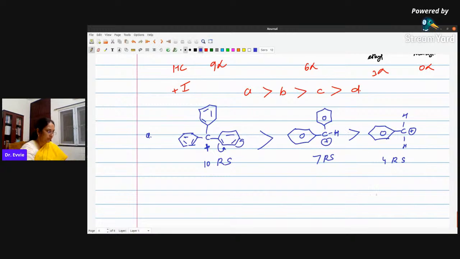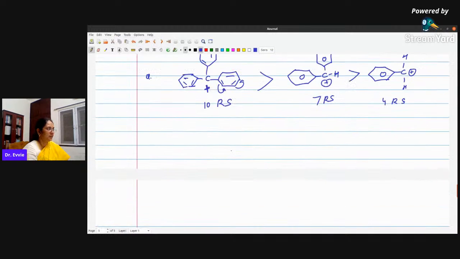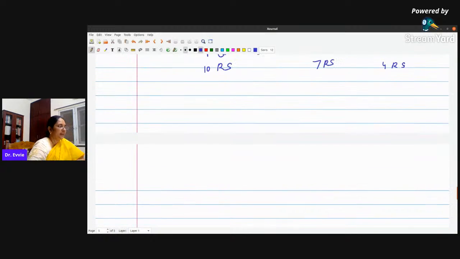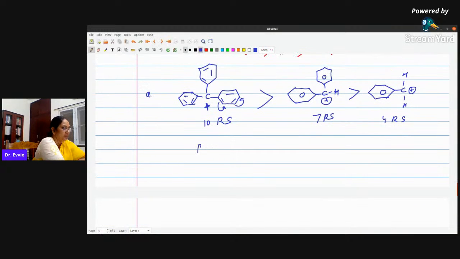Now let me take another example. I'll give you more details because, as I told you, this is very important. They can give this as a phenyl group too, Ph3C plus.